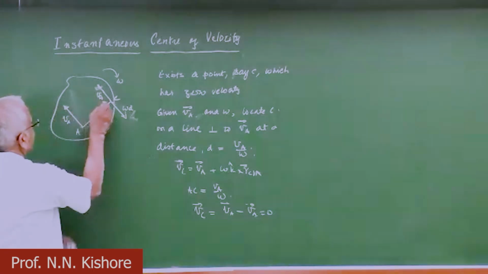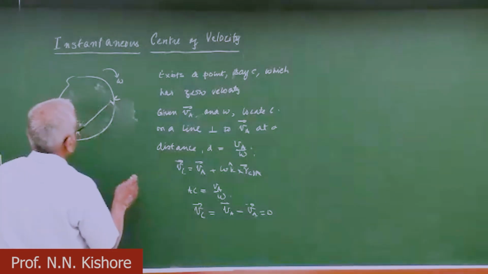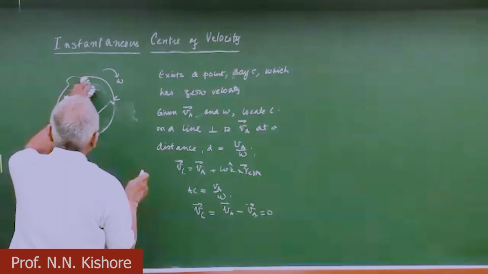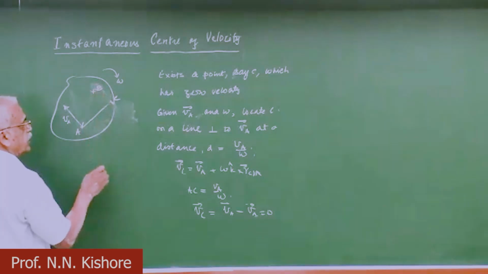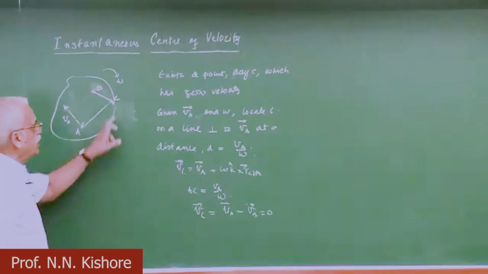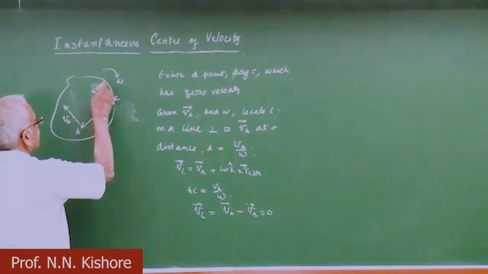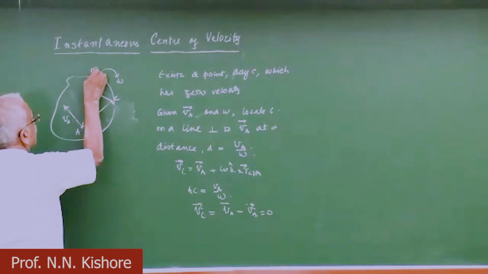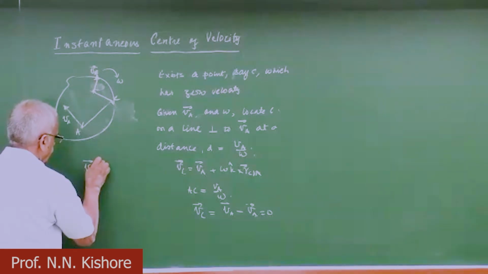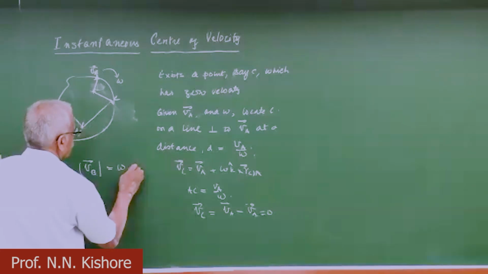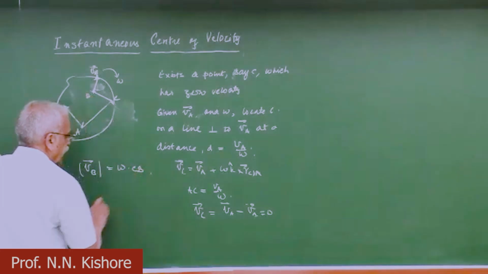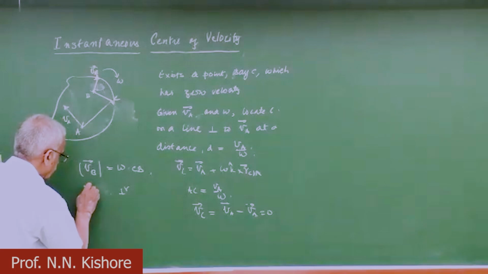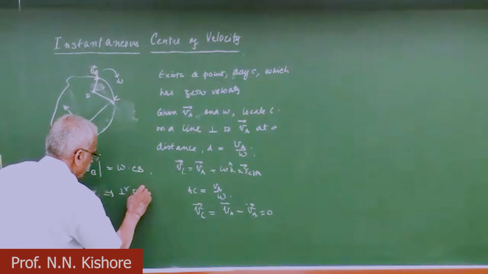So if you know the C location, any point B here will simply have velocity with magnitude omega times CB, and direction perpendicular to BC.